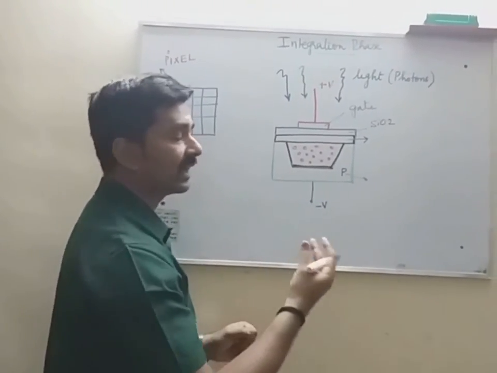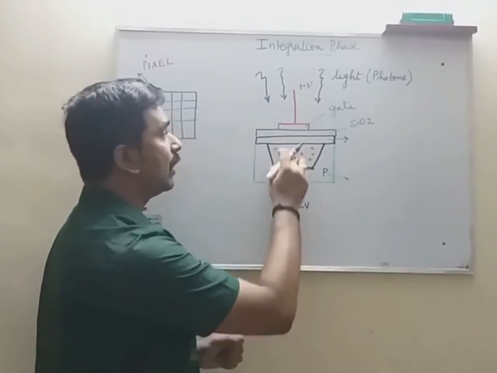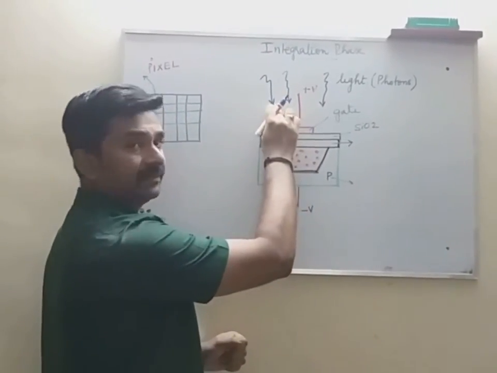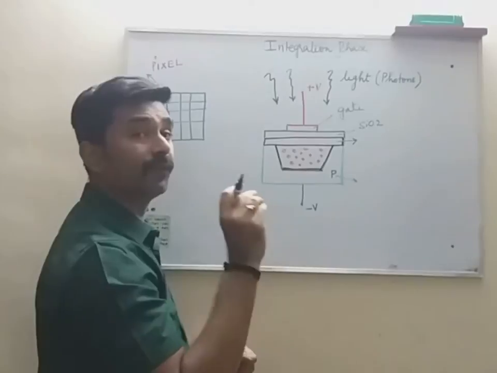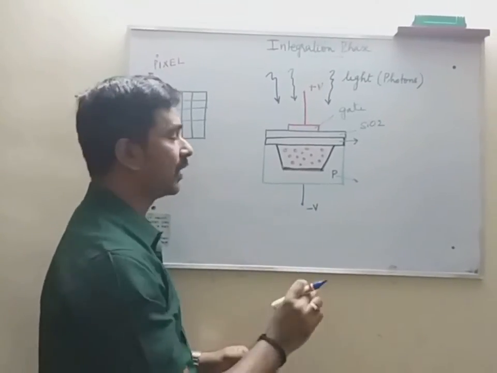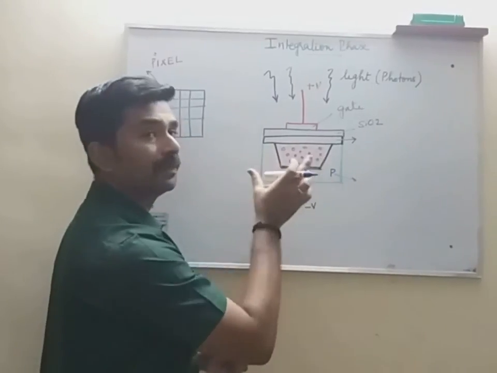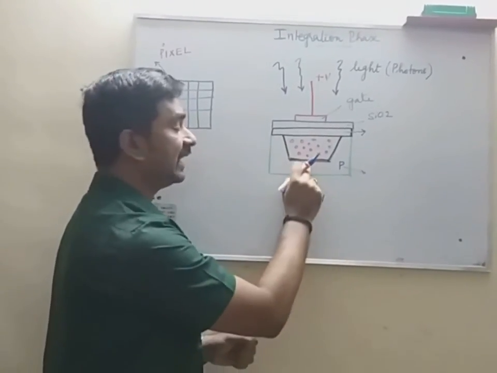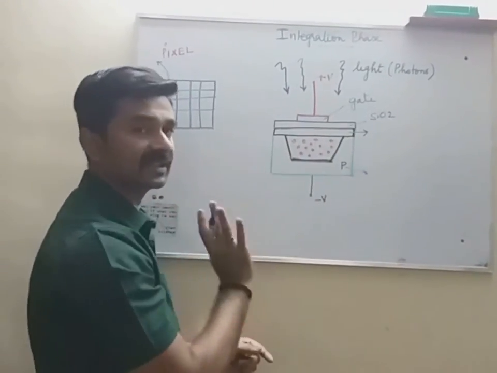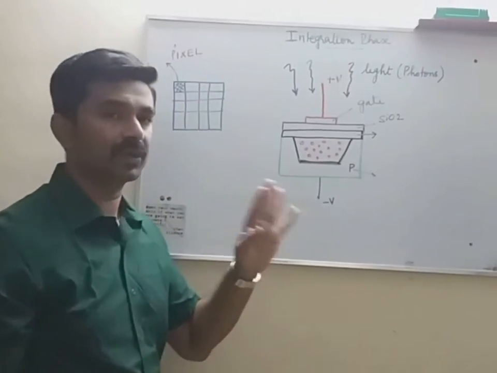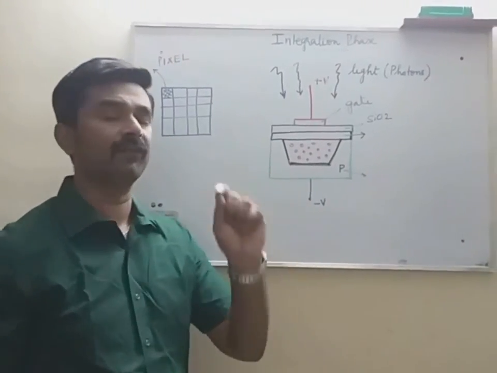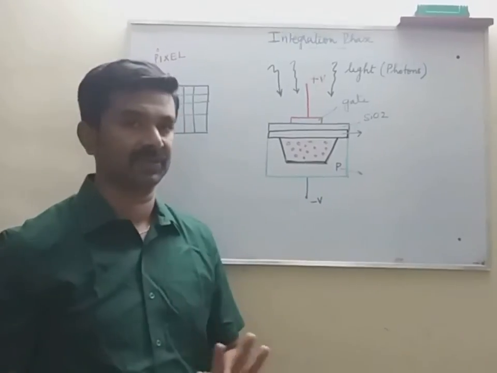The electrons created out of this light, we call photo-generated electrons or photoelectrons, are stored in the potential well created by this reverse bias. So this is what happens when light falls on the CCD structure.